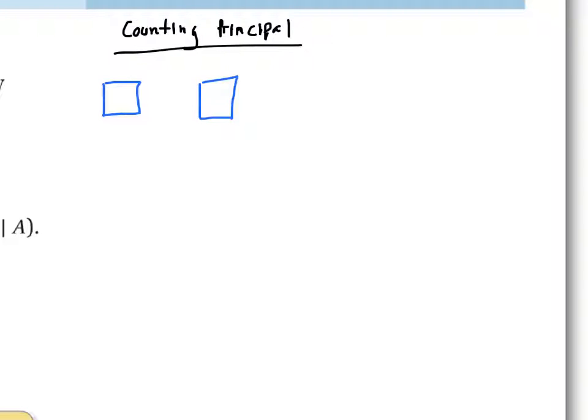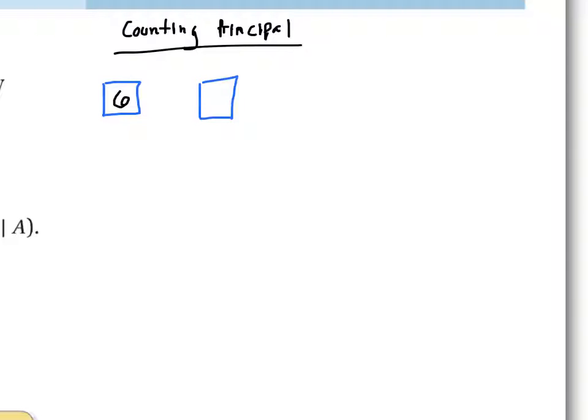Okay, and what we do in the counting principle then is we say, how many options do we have on the first category? So, rolling the first die, how many options do we have? We have 6 options. Now, that question is different than saying, what is the sample space? Because what's the sample space for a single die?